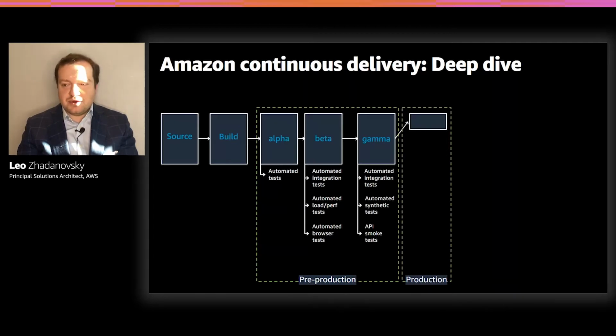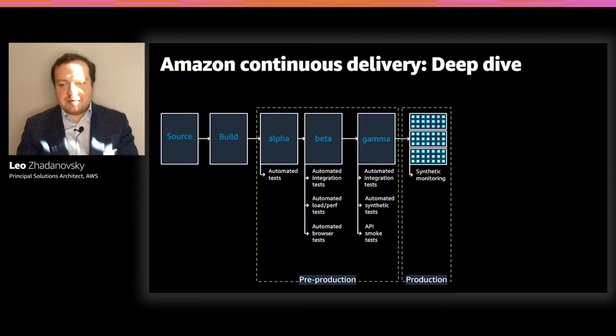In the production deploy, you do it in a very granular, cell-based manner. First you do a canary deploy to something like one of it. After the canary deploy, you deploy one availability zone. Then you deploy a second availability zone. At any point, if anything fails here, you stop the deployment. Then you go to a third availability zone. Then you do your synthetic monitoring based on that.